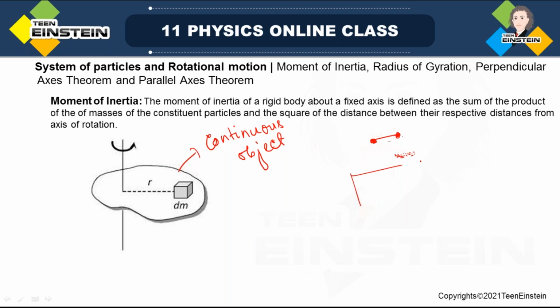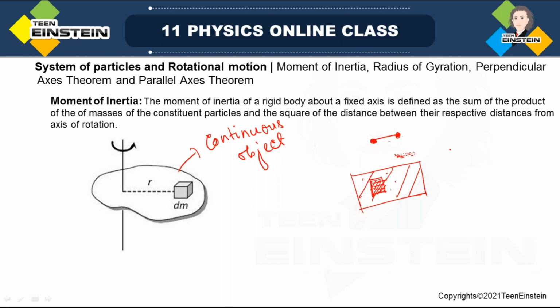Suppose you take a bar or beam of iron rod, or a thin sheet of some metal. You cannot find one particle of mass m. So what you have to do is consider an area in the case of a planar object, like a plate of some metal.